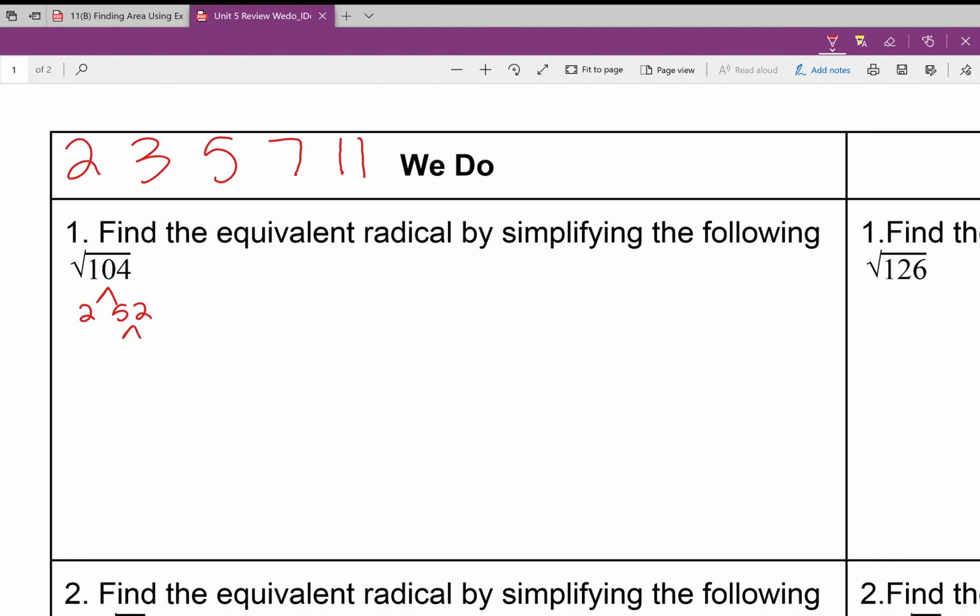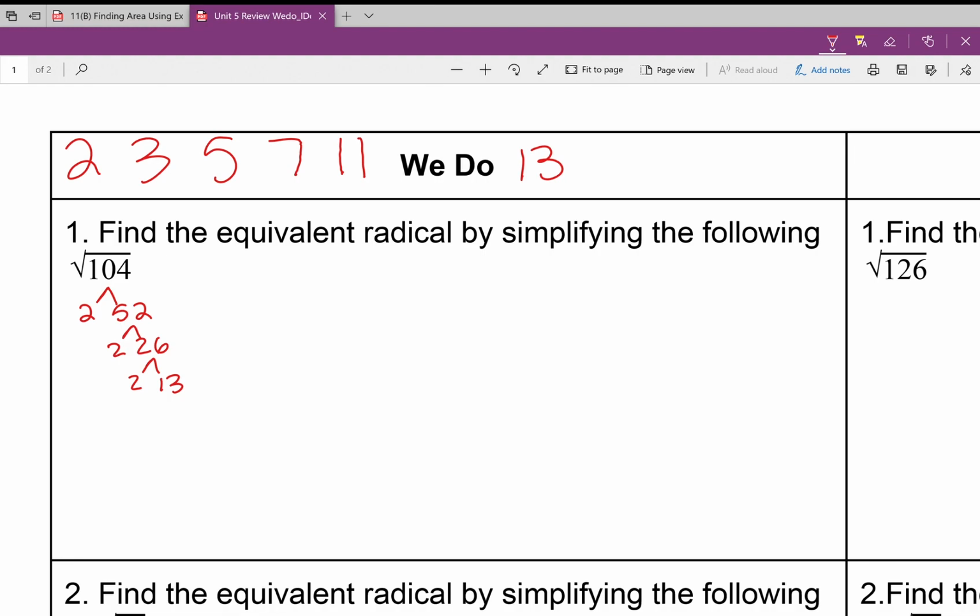And then 2 also goes into 52 26 times. And then 2 goes into 26 13 times. And then 13 is also a prime number that I can add up here.